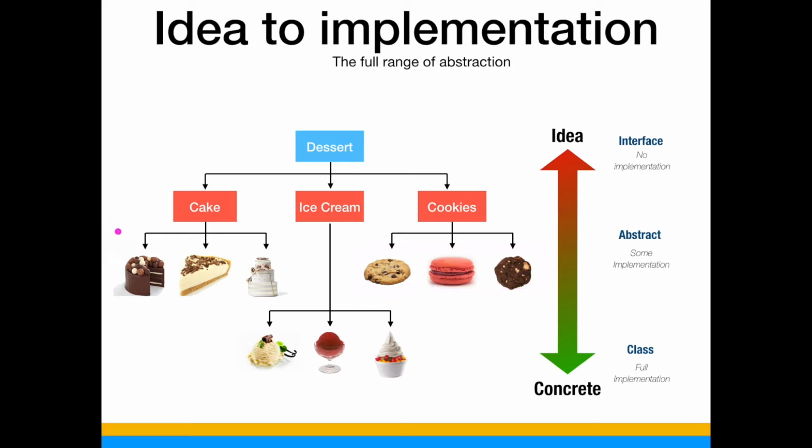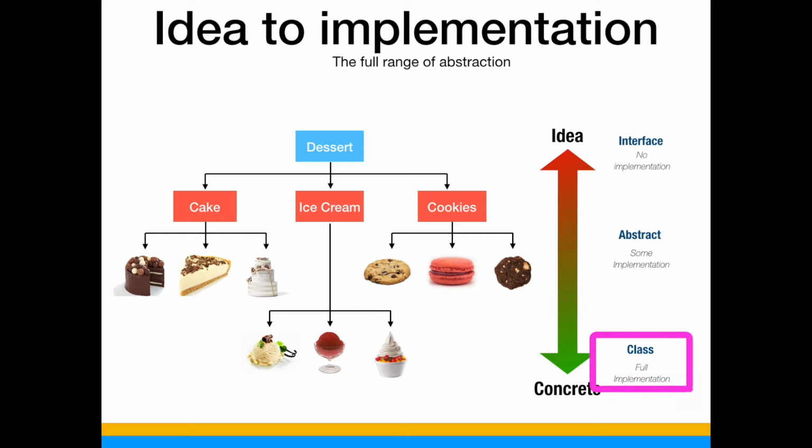All we know is that a cake is baked, that it has certain basic ingredients, and that it has certain decorations. So from that perspective, the cookies, ice cream, and cake could be abstract classes and have some implementation, but we are not going to force the user to start using those right now.